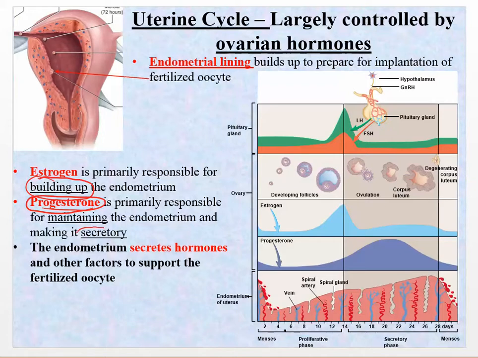And by secretory, I don't mean it keeps secrets. I mean it secretes hormones, growth factors, and signal molecules to support the fertilized oocyte. Because if the oocyte is fertilized, it has to be able to survive there, obviously.